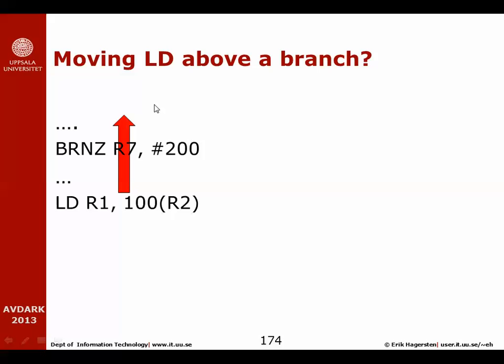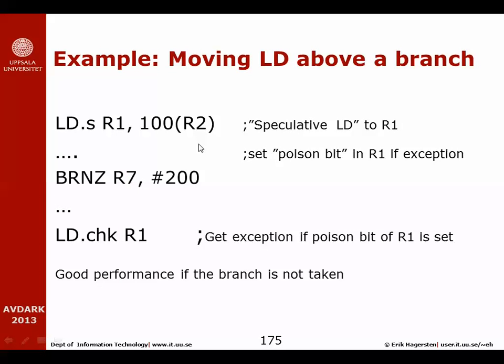And we want to do it in a safe way. So the kind of support that you get from the hardware implementers as well as from the instruction set of some of these VLIW implementations is to introduce a new kind of load. This load is called a speculative load. So what we do when this code is executed up here, which is above the branch, is to take the value identified by R2 plus constant 100, that memory location, and move that into R1.